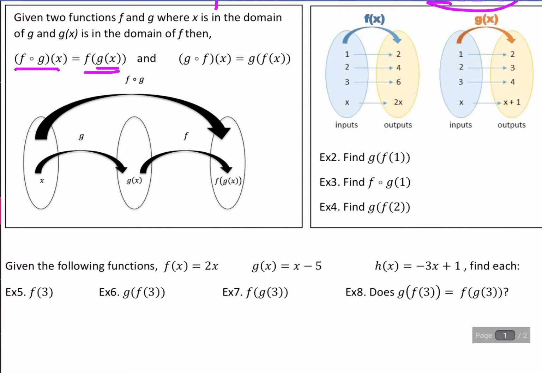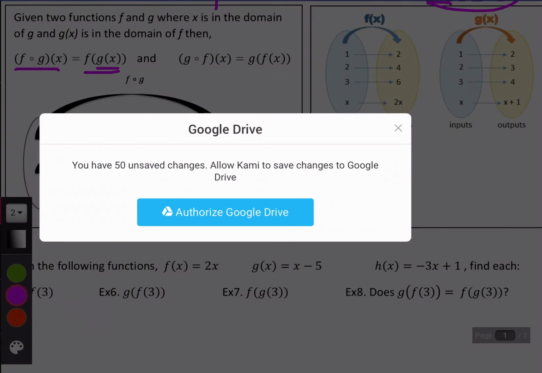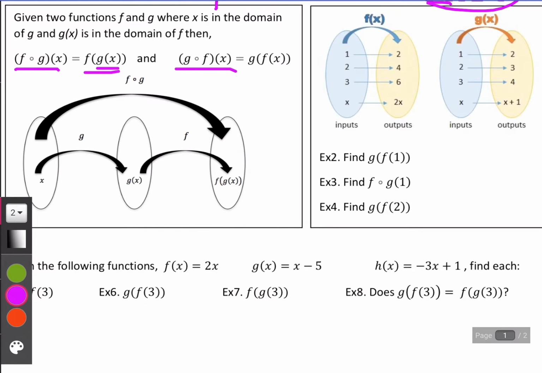So notice that the order on both sides of the equation is the same. So we've got two different compositions of functions here, f of g of x and then g of f of x.